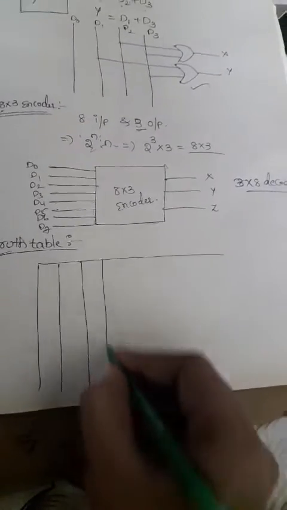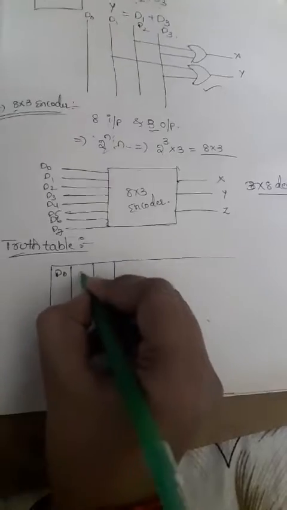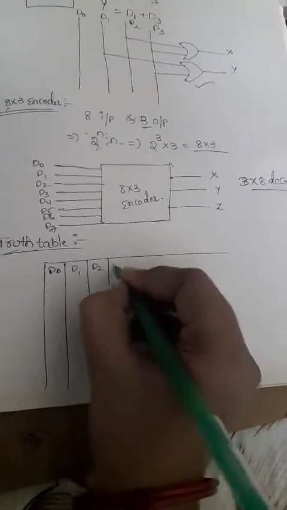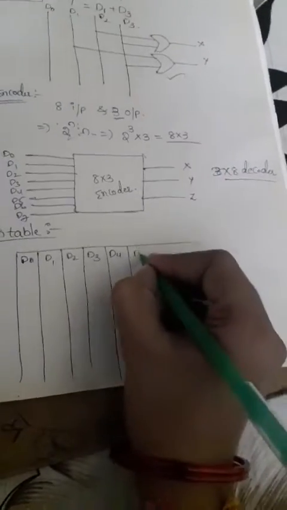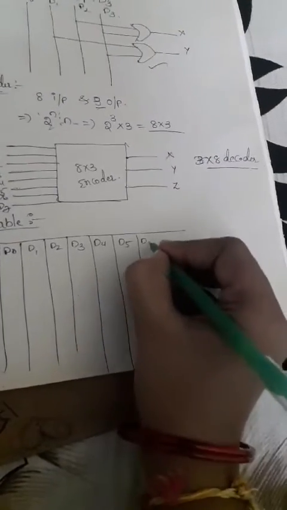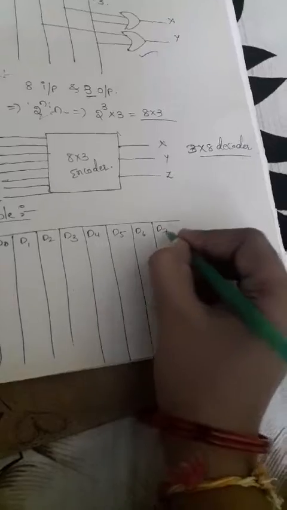So the next one is we need to make the truth table. So input lines are d0, d1, d2, d3, d4, d5, d6 and d7. So this is up to 8 input lines. Now we will write the output lines, that is x, y, z.